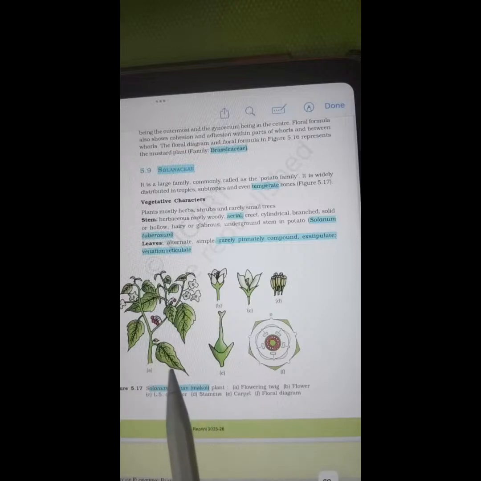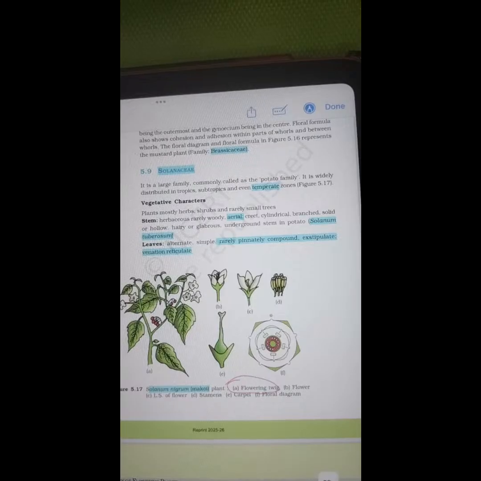So a flowering twig is being given to you. A twig means a small part of the plant where a flower is also there, and venation can be seen, and the arrangement of leaves on the stem can also be seen, whether it is alternate, opposite, or whorled. So whenever we are studying any family, to study the vegetative and reproductive characters, we need to take a flowering twig.